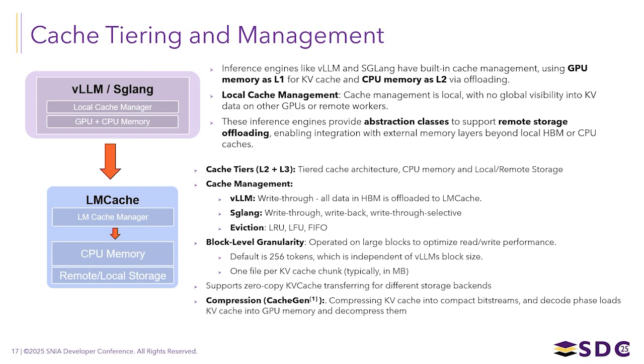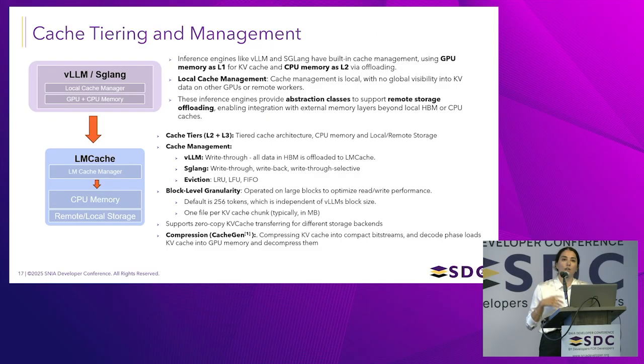So if you look at cache management and tiering, we have the inference engine at the top, something like vLLM and SGLang. These have, as I mentioned, two tiers or maybe a single tier, and they have their own local cache management. They use some type of prefix tree, right? And they store the KVs at block granularity.